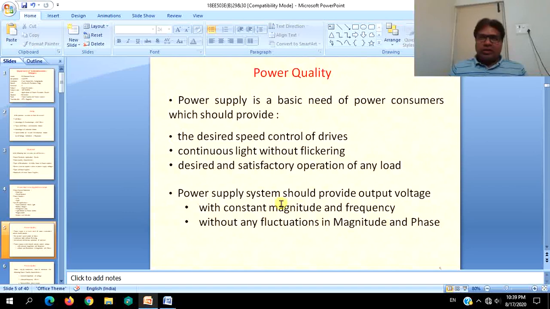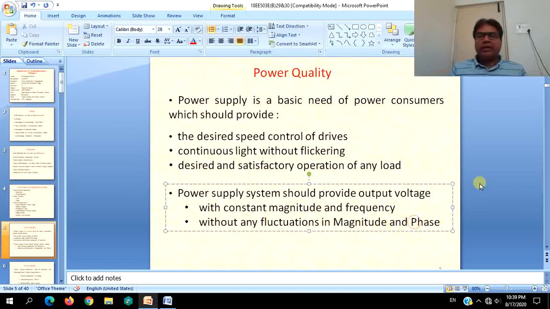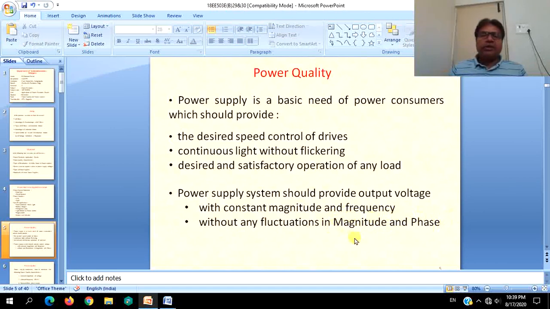When it comes to a simple electronic circuit which we supply using other power supplies, designed to give the required voltage and currents at different frequencies between the actual single phase or three phase source from the utility and the load, even those power supplies should provide output voltage with constant magnitude and frequency, without any fluctuations in magnitude and phase.